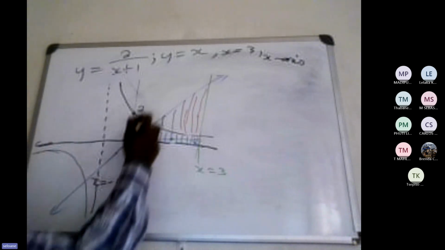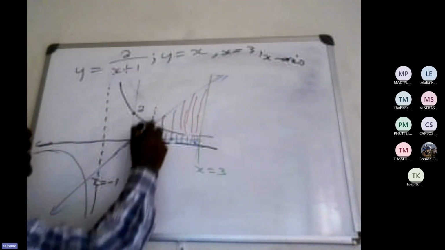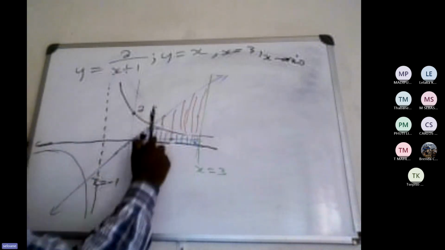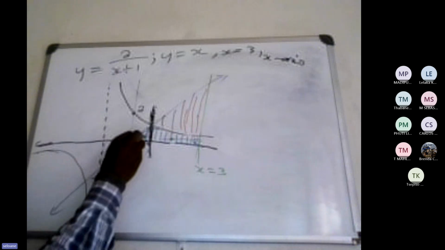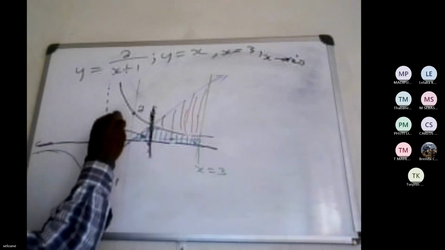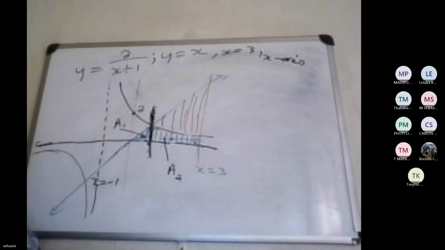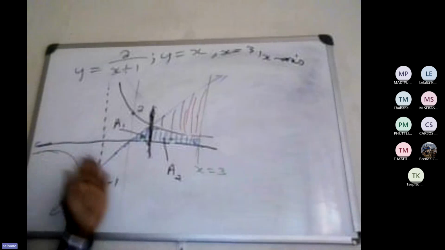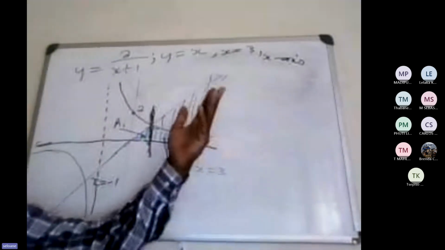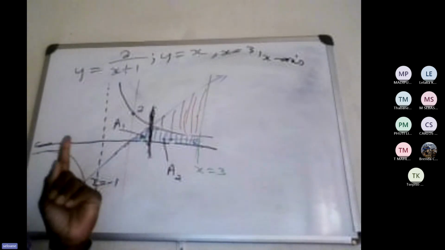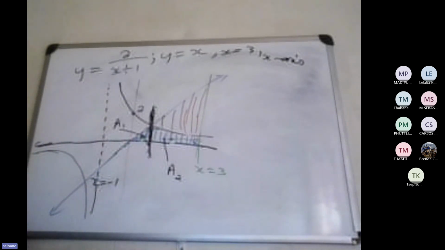So what do we do now? You can see that if you subdivide this here, this you call A1, and this one you call A2. If you are in A1, we are going to have a single top and a single bottom.